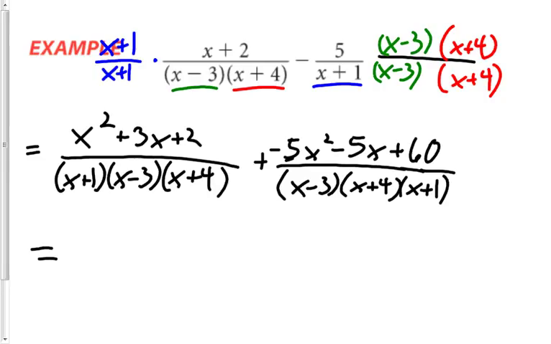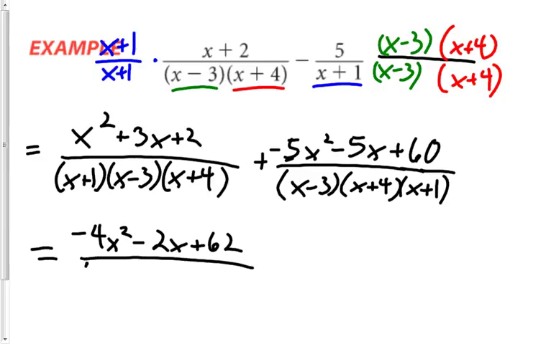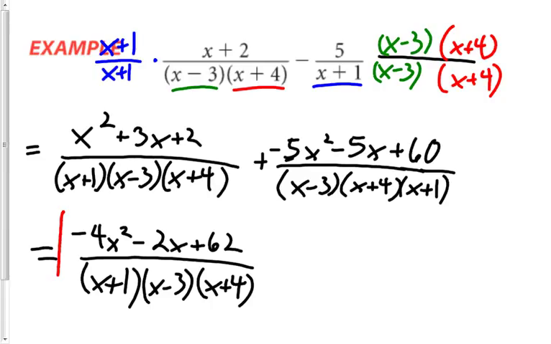X squared minus 5x squared is negative 4x squared. 3x minus 5x is minus 2x. 2 plus 60 is plus 62, all of which will be divided by the common denominator of x plus 1 times x minus 3 times x plus 4. And this is my final answer for this example.